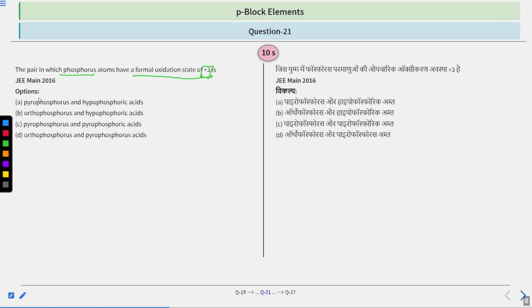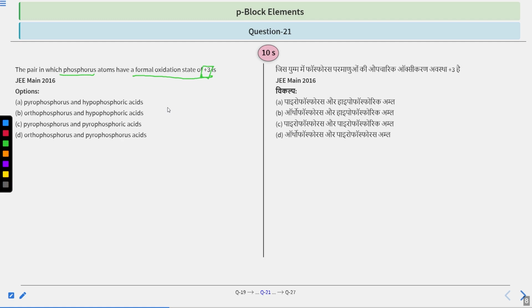Okay. The options are pyrophosphorus and hypophosphoric acids, orthophosphorus and hypophosphoric acids, pyrophosphorus and pyrophosphoric acids, or orthophosphorus and pyrophosphorus. You have 10 seconds to solve this question.